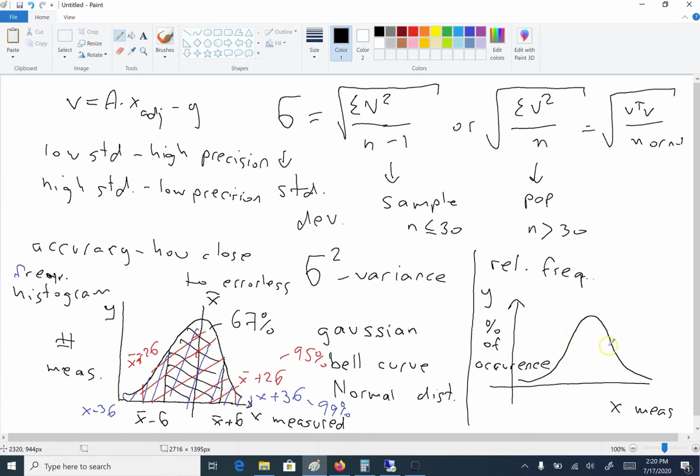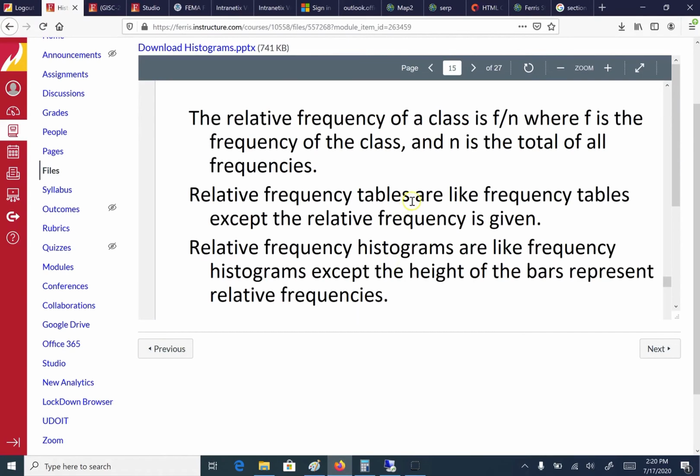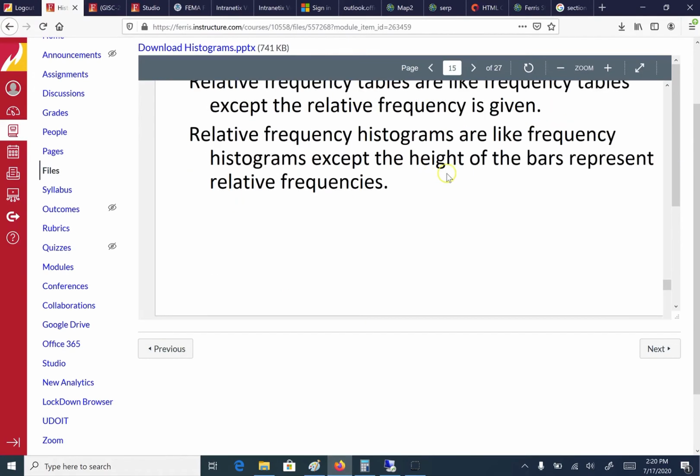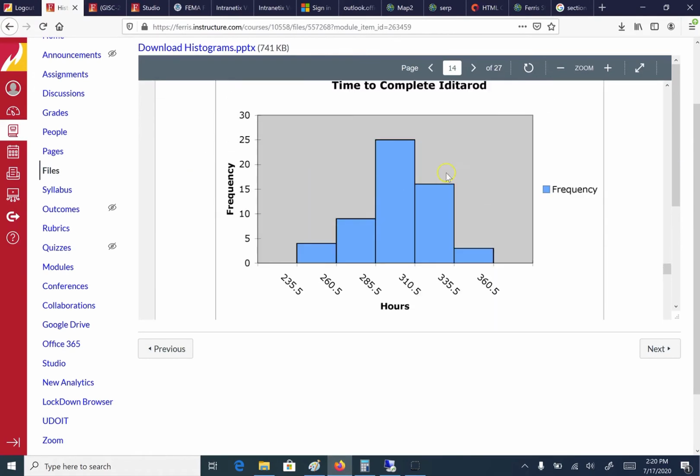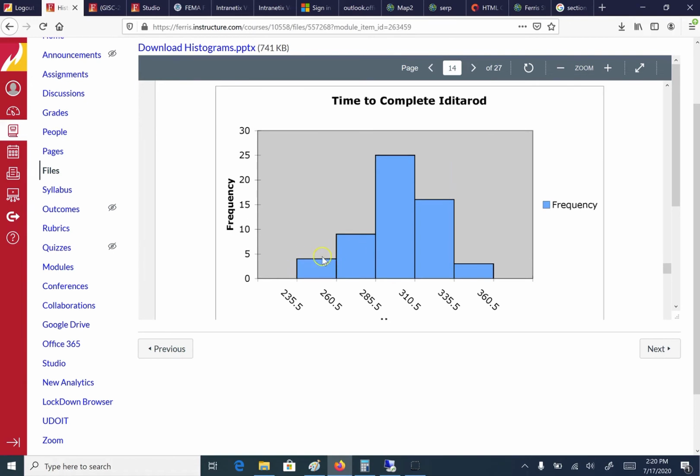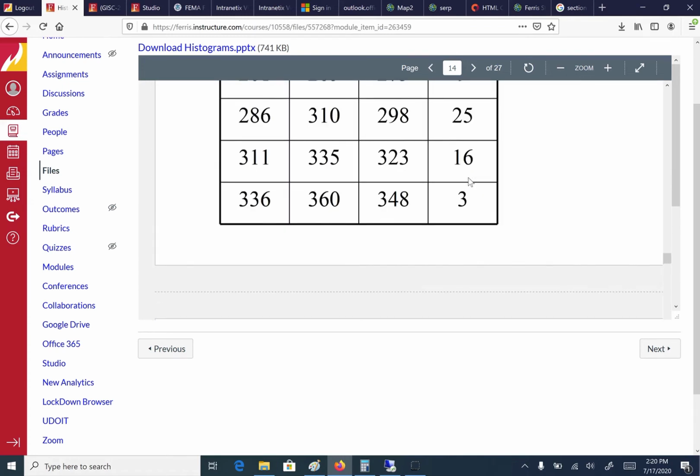The area under this, since it's a relative frequency, is 1, or 100%. So if we add up the individual numbers over here, we're going to get the actual number of occurrences.